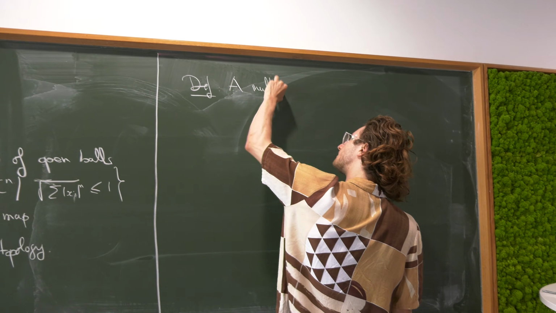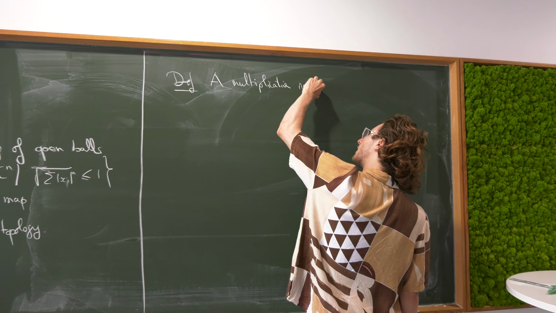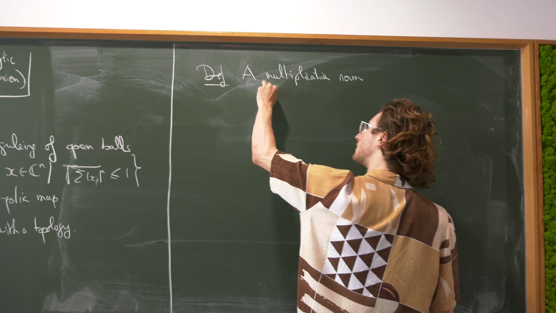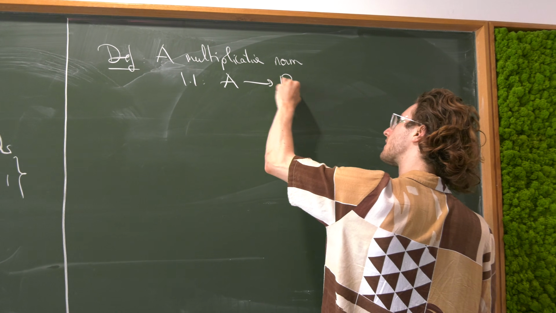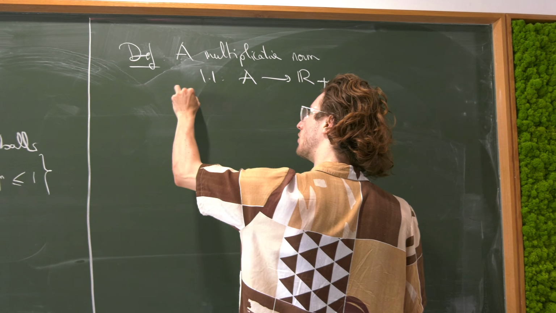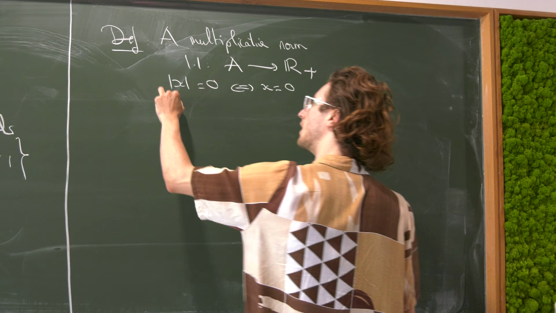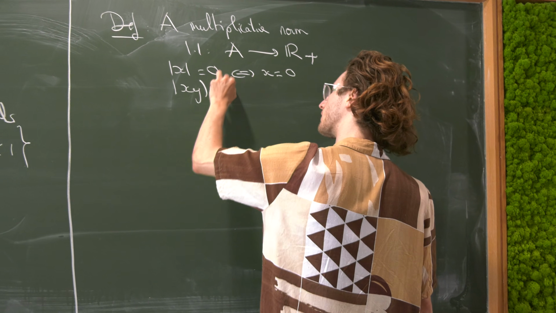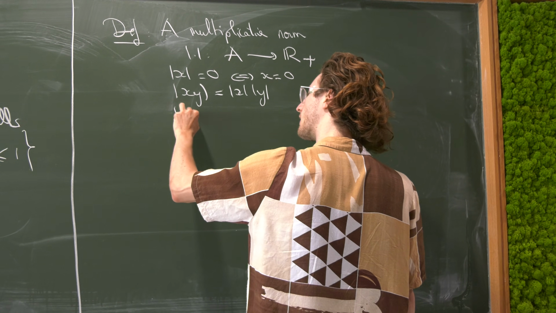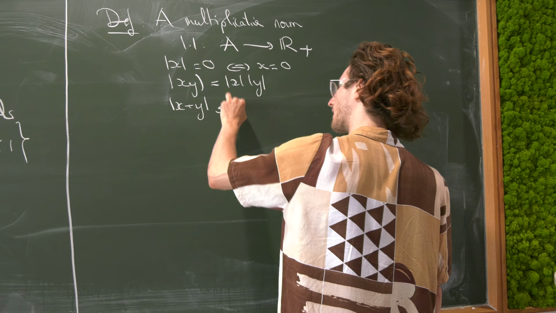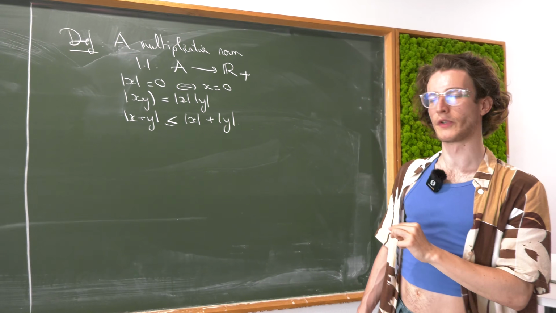A multiplicative norm is a map from a ring A to R plus, such that the norm of x equals 0 if and only if x equals 0. The norm of xy equals the norm of x times the norm of y. This is the multiplicative part. And you also have the triangular inequality that you might have already encountered.